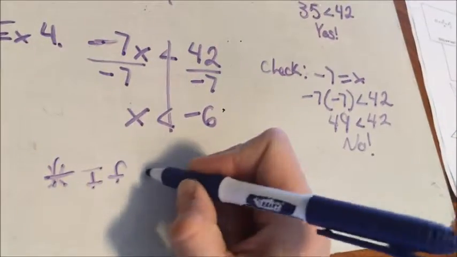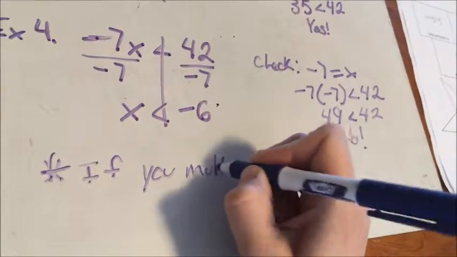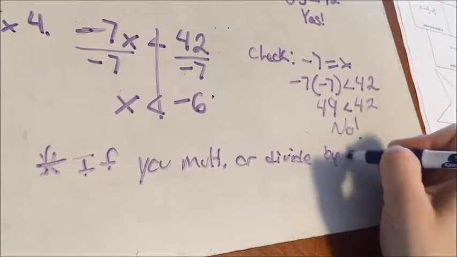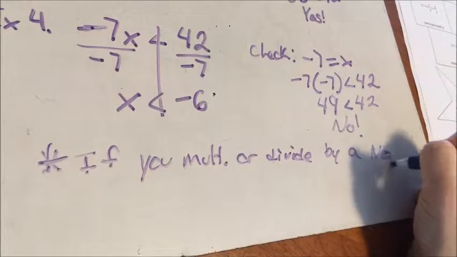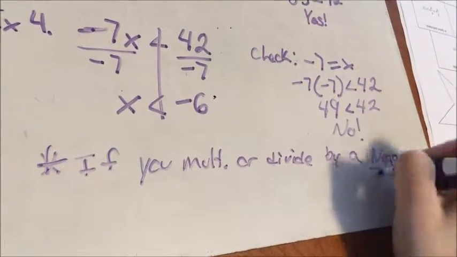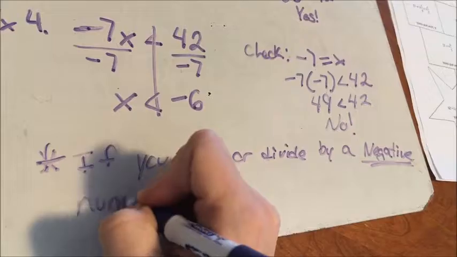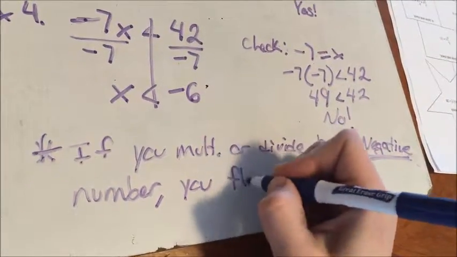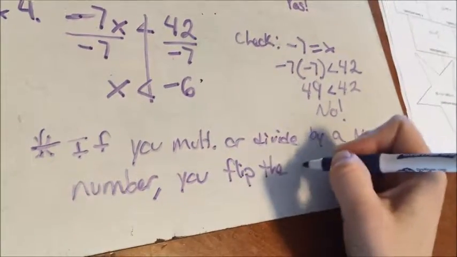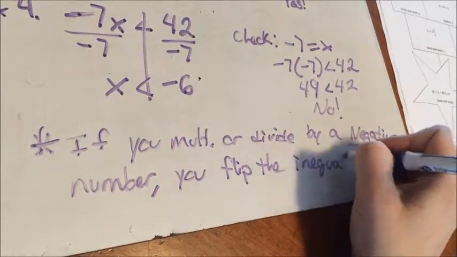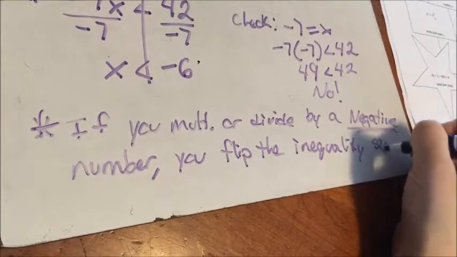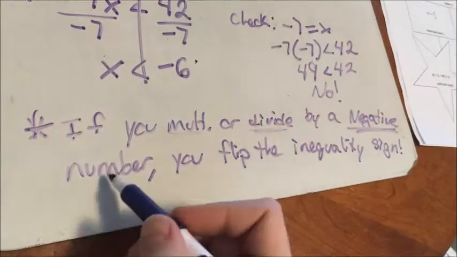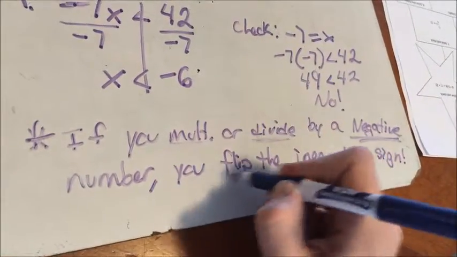If you multiply or divide by a negative number, you flip the inequality sign. Okay, so multiplying or dividing by a negative number, you flip the inequality.